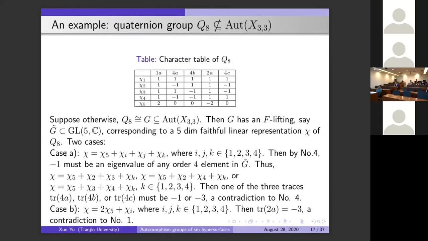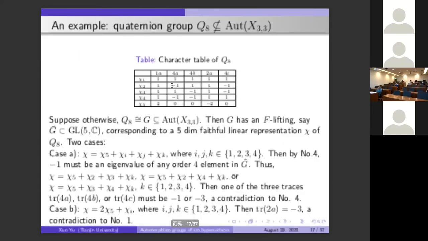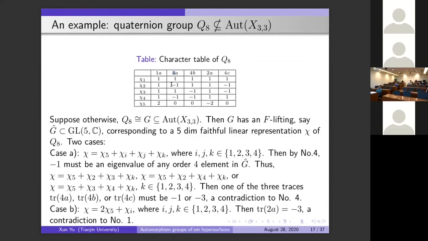Now case A. Case A is a little more complicated. So then you have 3 non-trivial one-dimensional irreducible characters like this. Then by the table, an order 4 element always has at least one -1 as an eigenvalue. So that means for 4A, -1 must appear once inside this i, j, k.